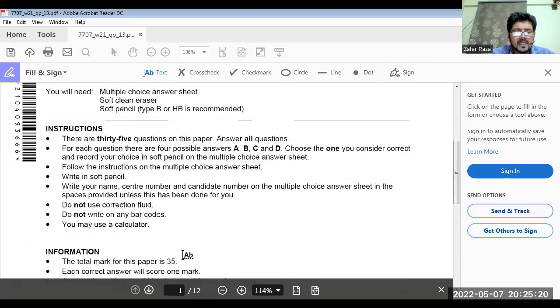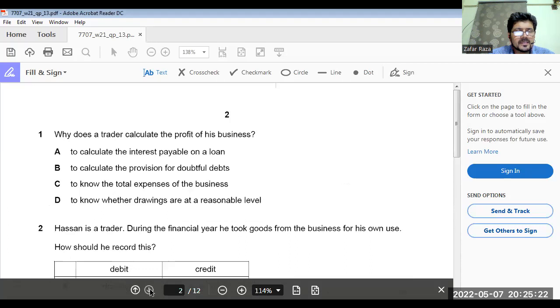Now here comes our first question. Question number 1. Let's start. Why does a trader calculate the profit of his business?